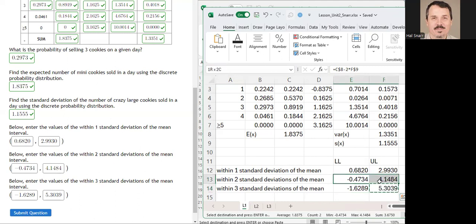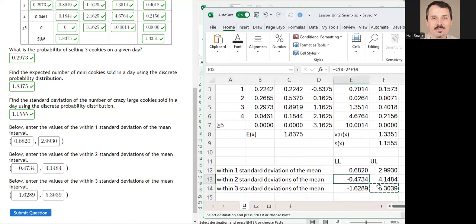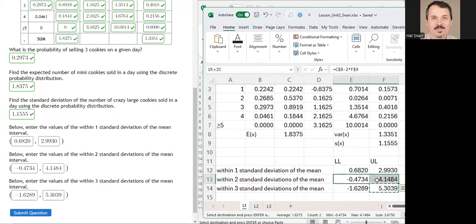All of those values are within 2 standard deviations of the mean because the maximum value is 4 and 4 is less than 4.14, and the lowest value is 0 and 0 is greater than negative 0.4734, right? So 100% of the feasible values of x are within 2 standard deviations of the mean. 100% of them are within 3 standard deviations of the mean.